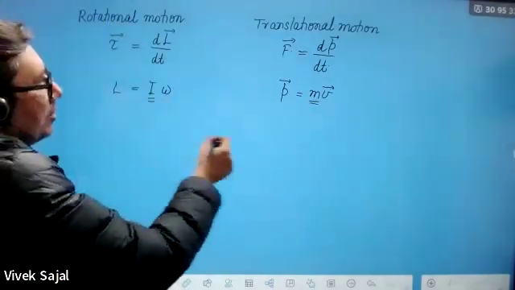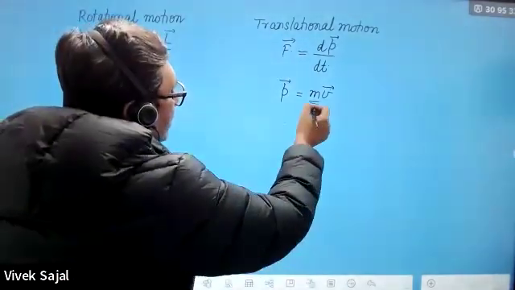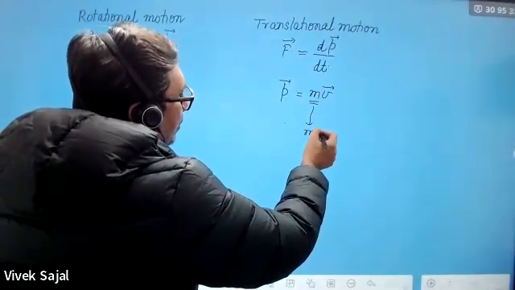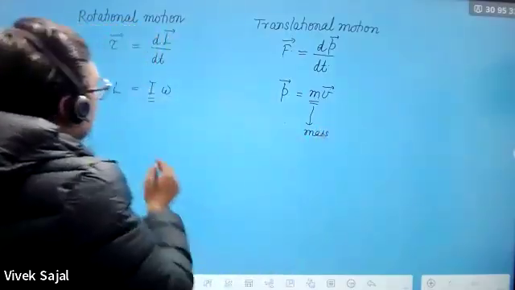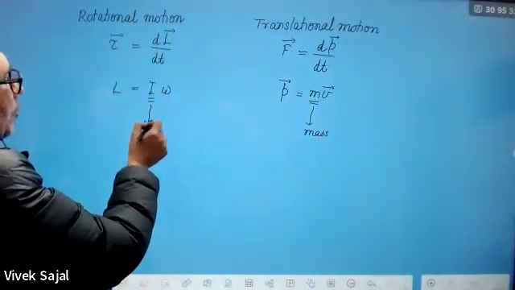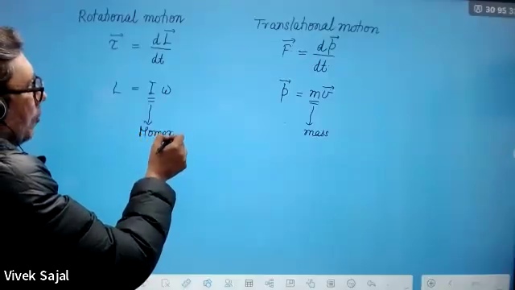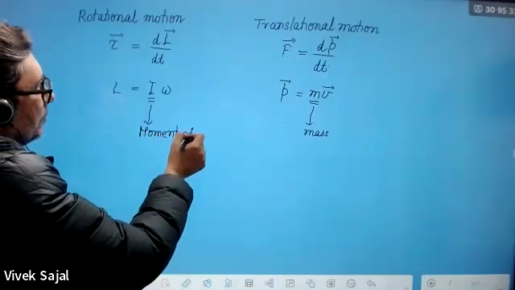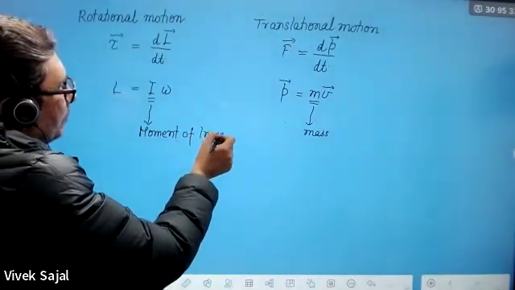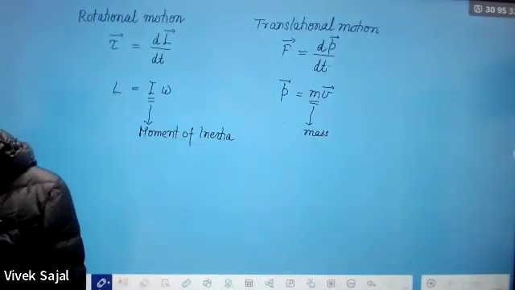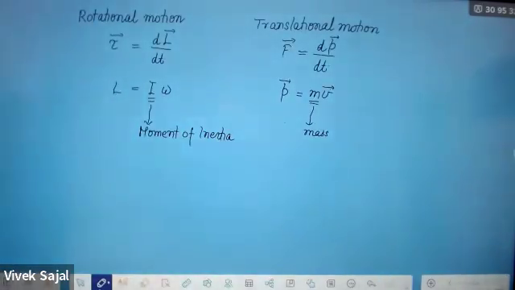Whatever role is played by the mass, here same role is played by this moment of inertia. That will be L equal to I omega, and that will be P equal to mv.